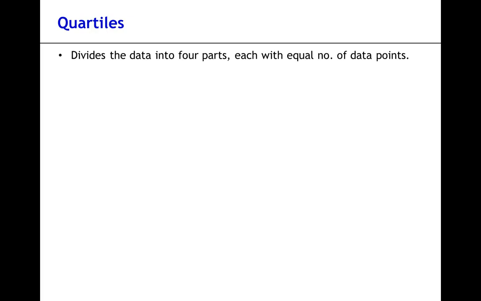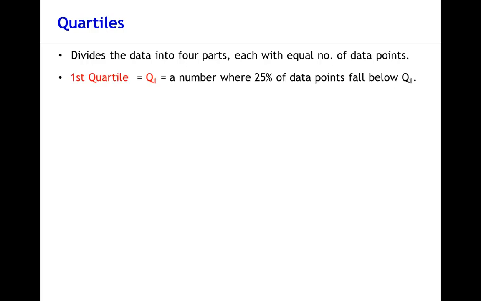We have seen earlier that the median is the data value that occupies the middle position, and it divides the data into two equal parts. Quartiles work on the same principle, but divide the data into four equal parts instead. The first quartile, or Q sub 1, is the number where 25% of the data points fall below Q sub 1.